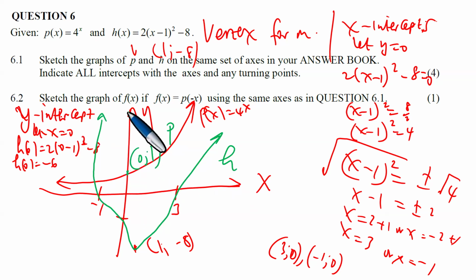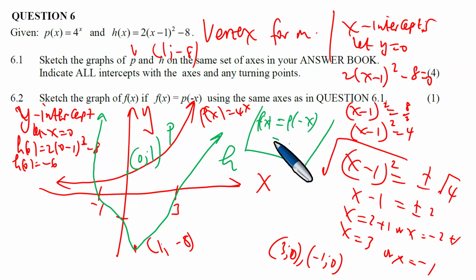Get the graph of f of x if f of x is p of minus x, using the same axis as in the question. So if you have f of x equals p of minus x, that would be f of minus x. Okay, f of minus x becomes a decreasing function.